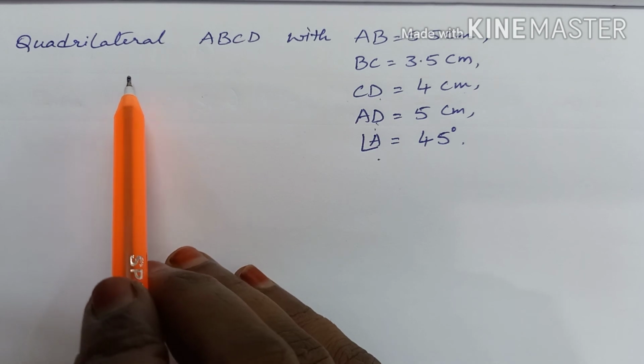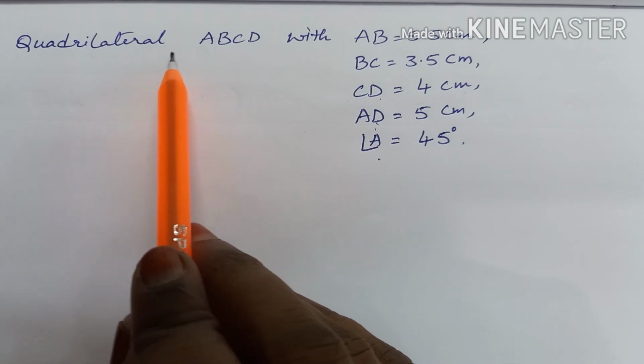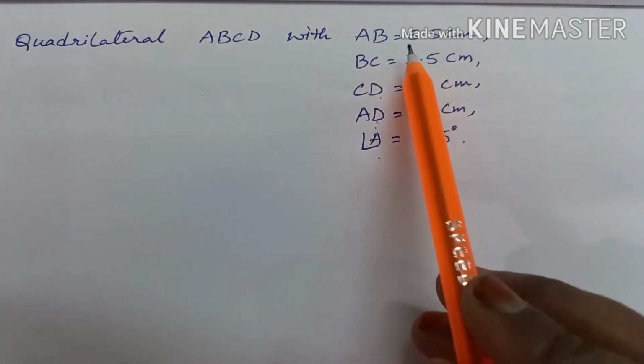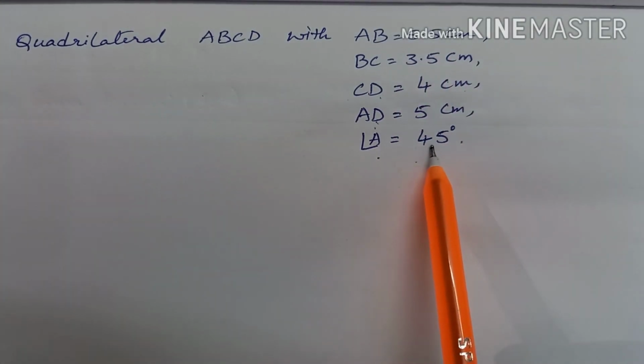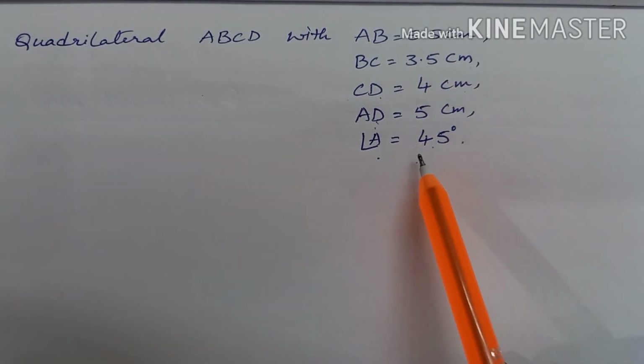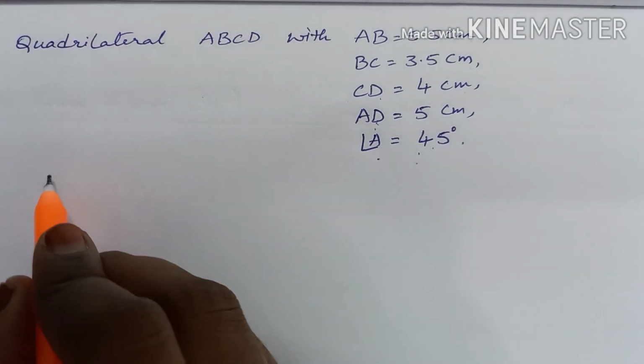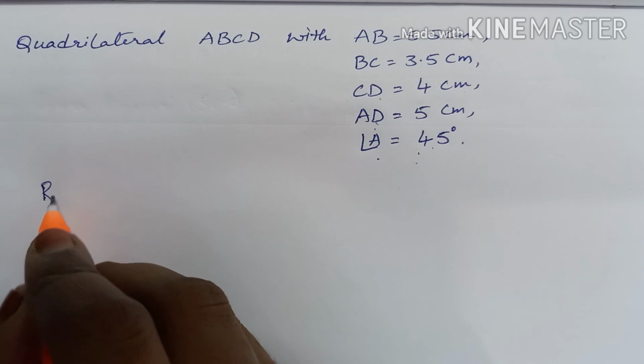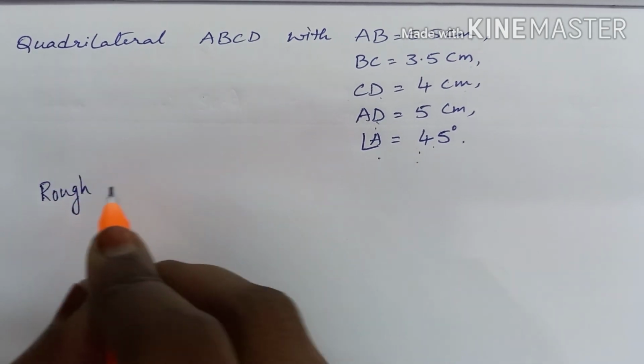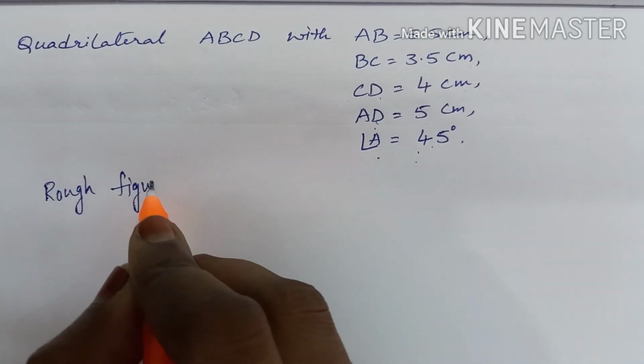Now children, let us construct a quadrilateral ABCD with the given 4 sides and one angle. First we have to draw a rough figure. For any construction, we have to draw a rough figure.